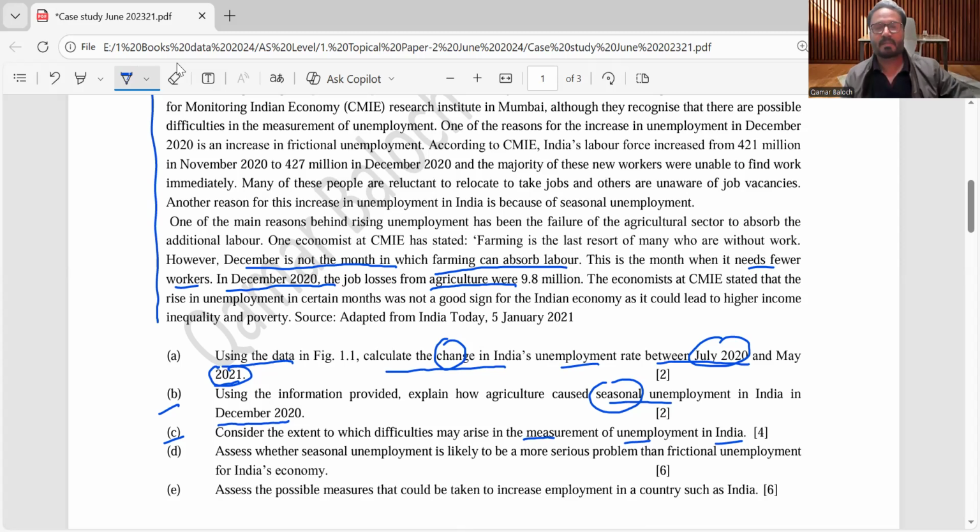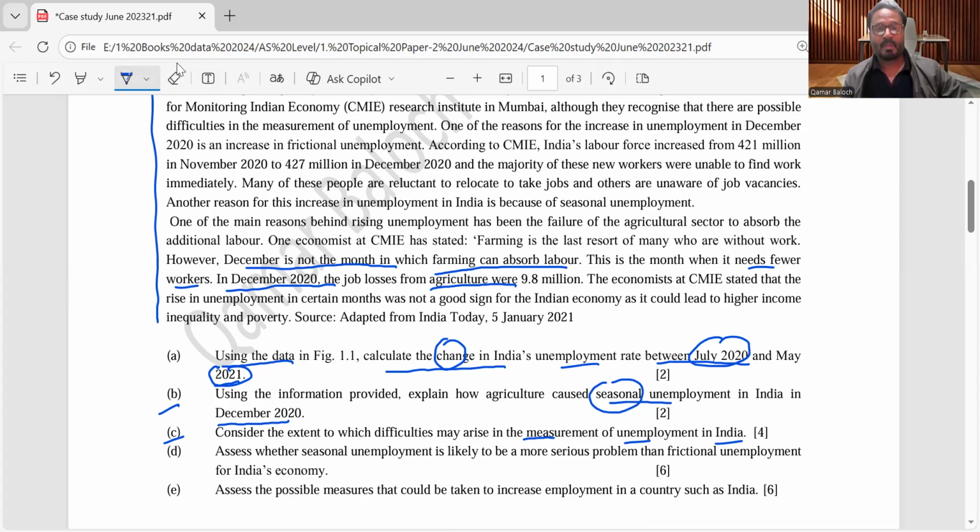The informal sector is basically the sector that is not properly documented. If a certain sector is not properly documented and we don't have relevant data, then it will be really tough for us as economists to measure or calculate unemployment. The same is happening here.